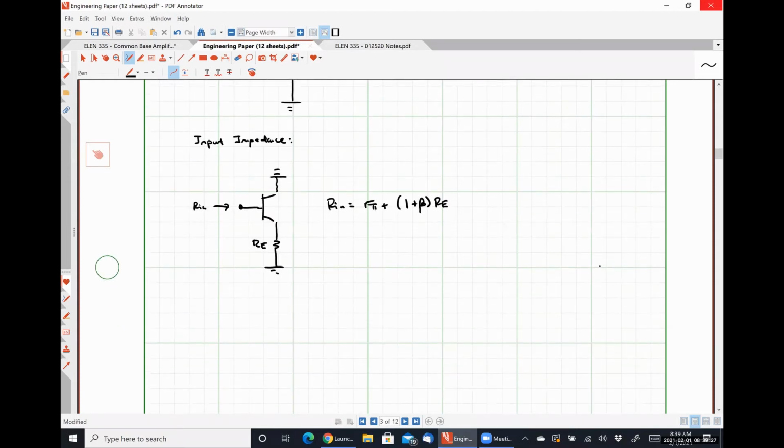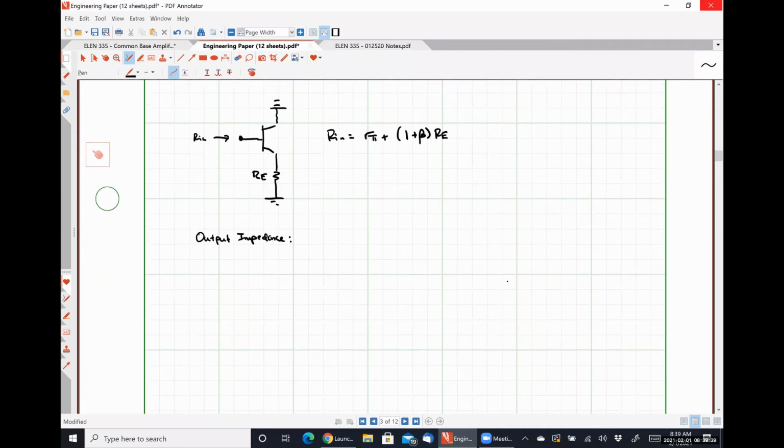For our output impedance, the circuit that we're looking at is this guy.